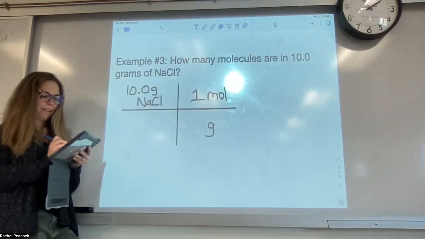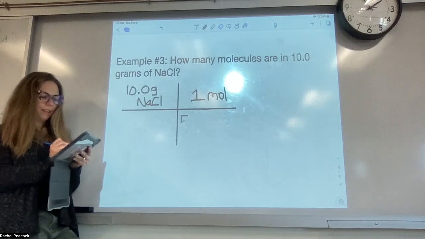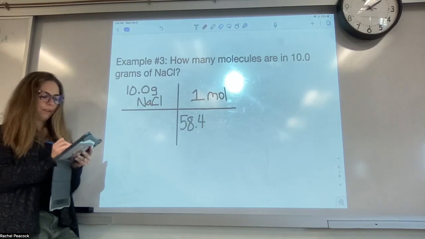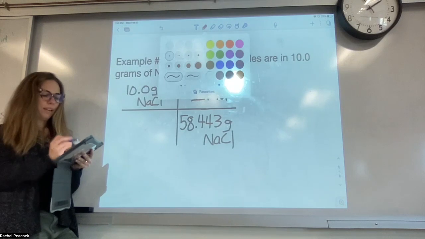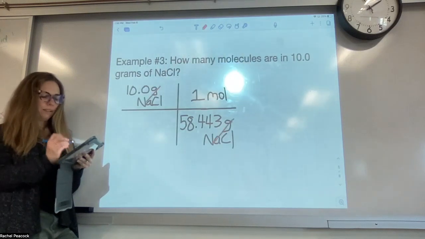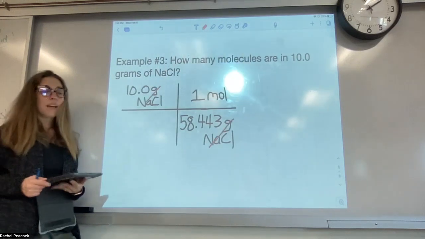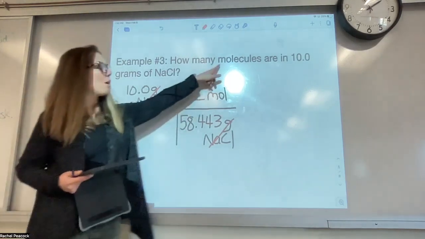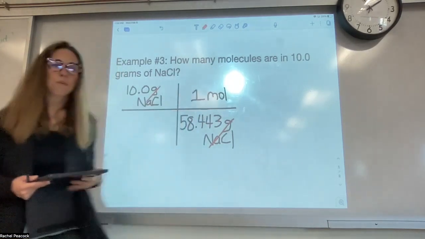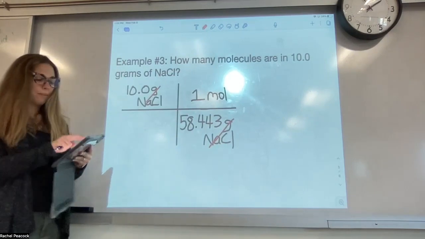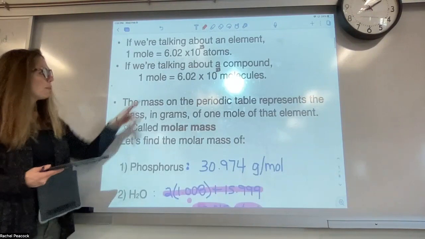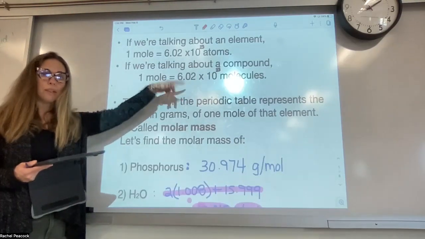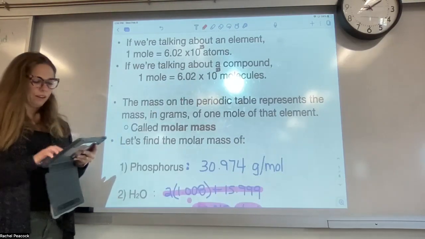So that's the molar mass of sodium chloride. All right, so that means grams cancels. Now we're at moles. Do we have the unit we want? No, we want molecules. Do we know a relationship between moles and molecules? Yes, we do. The relationship between moles and molecules is also this number, 6.02 times 10 to the 23.